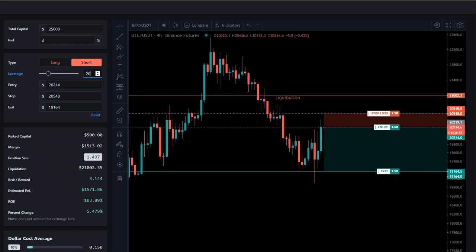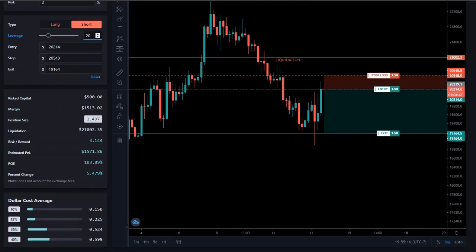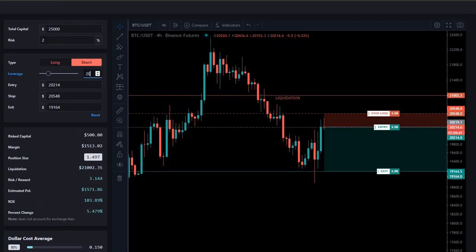Your risk to reward ratio is more than 3. Estimated P&L is $1,571. And you can see a lot of good information here. Personally, I prefer to use my spreadsheet, but this website is awesome too.